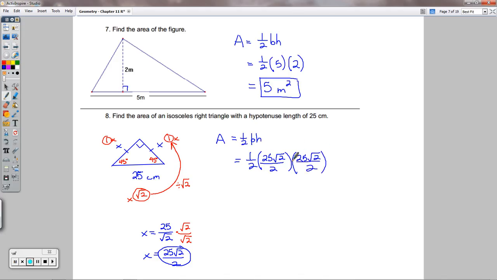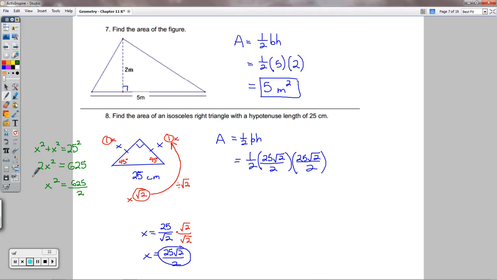Another way to tackle that one here would be to use the Pythagorean theorem. I'll do that off to the side here. I could have said x squared plus x squared equals 25 squared. Leg squared plus leg squared equals hypotenuse squared. You'd have 2x squared equals 625. You divide both sides by 2 and you'd get 625 over 2.